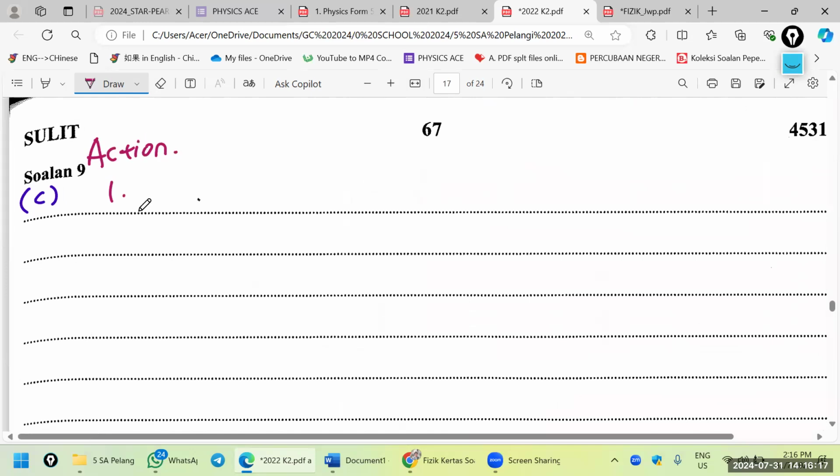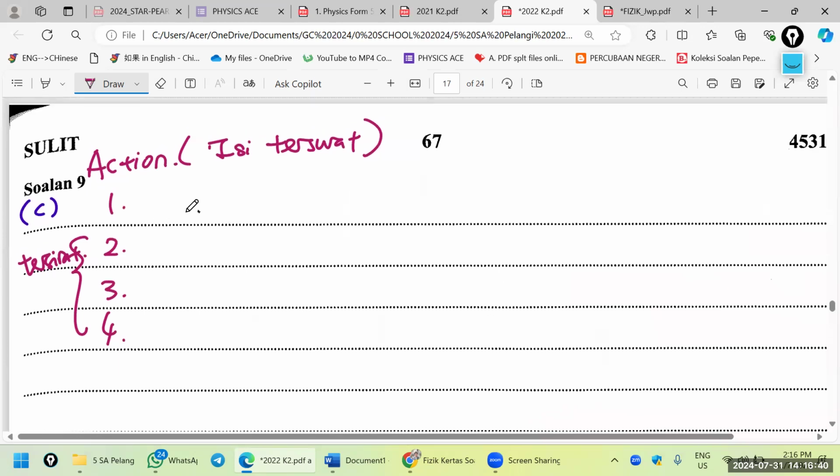Action means you can see. All of you learn in Bahasa Melayu isi tersurat, right? You can see. Then 2, 3, 4 normally is isi tersirat, means something about physics. So actually, what is the action if you want to make the deflection?